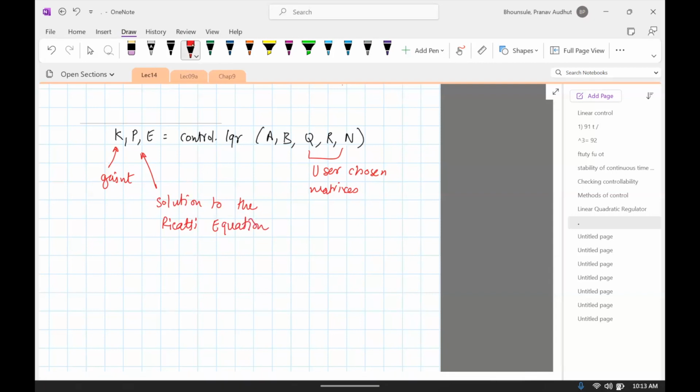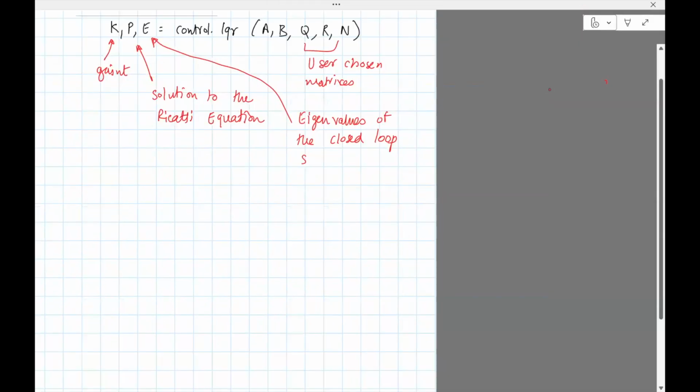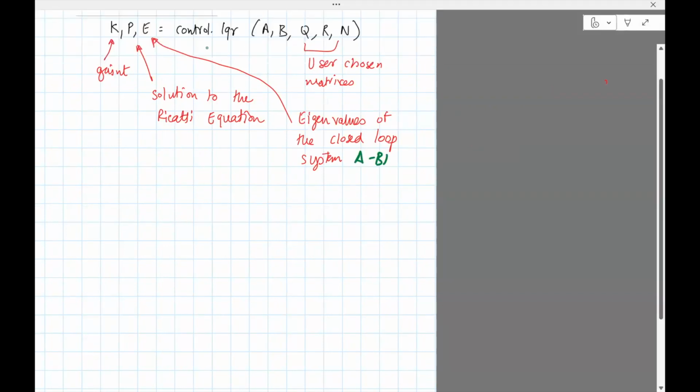And then the E gives you the eigenvalues of the closed loop system. So what's the closed loop system? It will be the eigenvalues of A minus BK. So A minus BK tells you the closed loop system. The open loop system is just the eigenvalues of A, but A minus BK is what we care about.